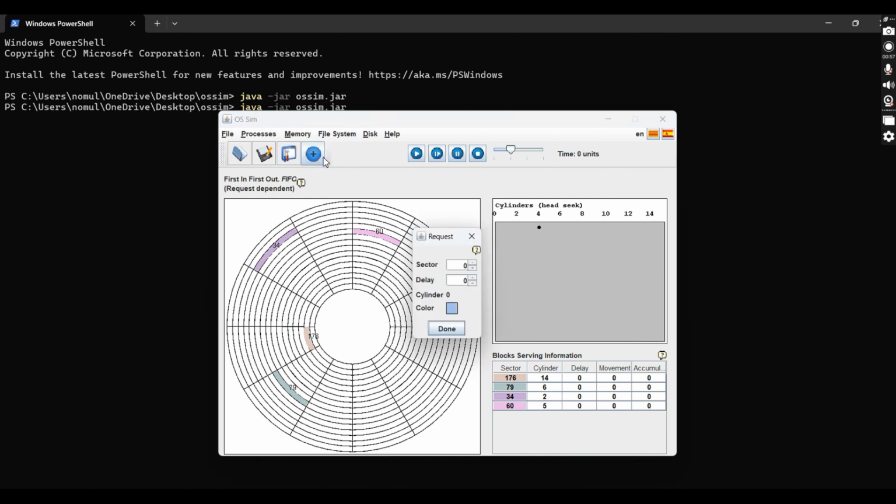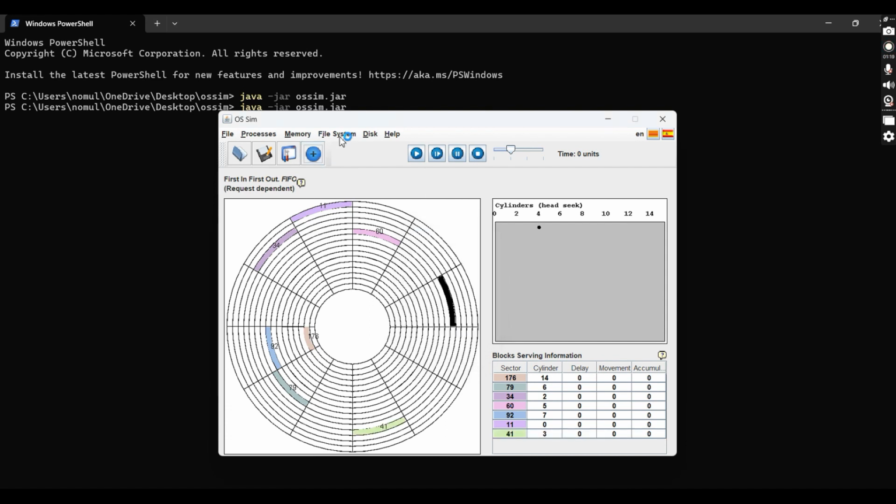After selecting the OS sim, we have to create a separate file in this OS simulation tool. Select the FCFS disk scheduling algorithm. In this scheduling algorithm, we have to separately select the burst times, arrival times, and selection of processes, step by step, for however many you want.